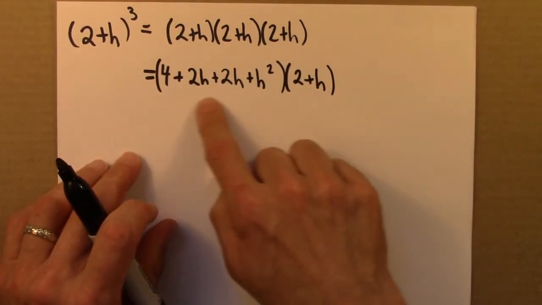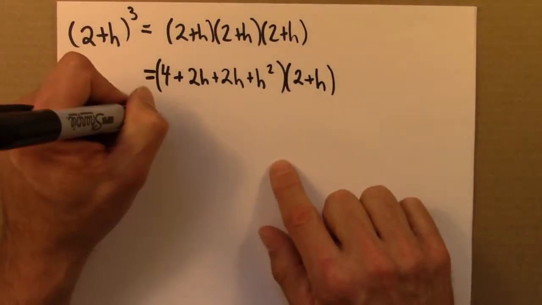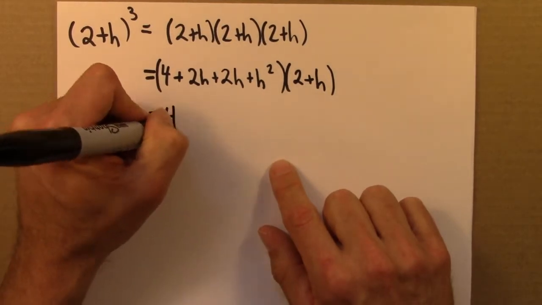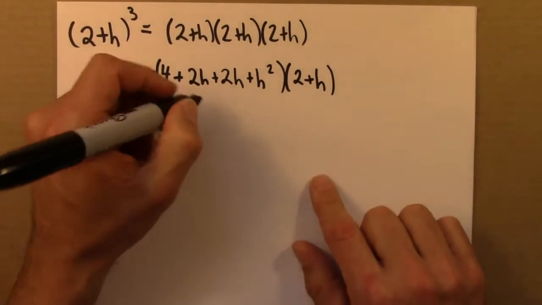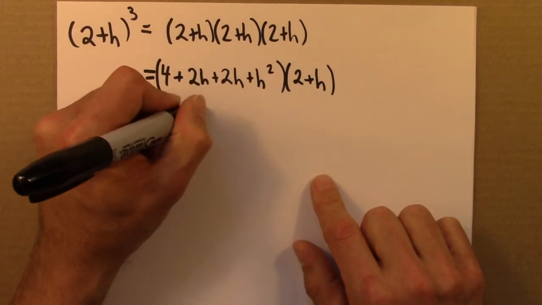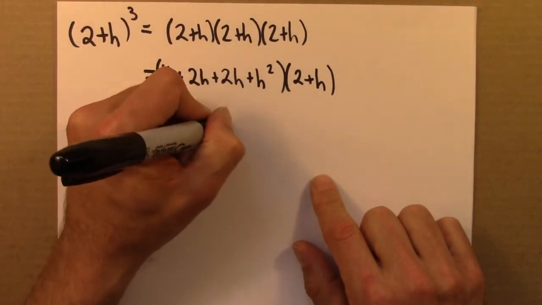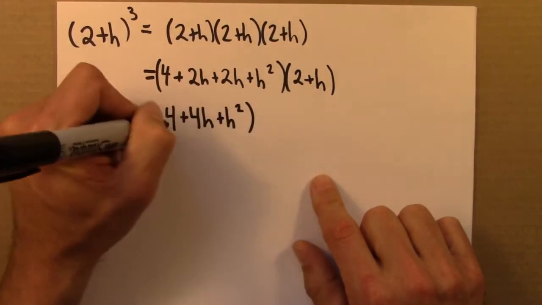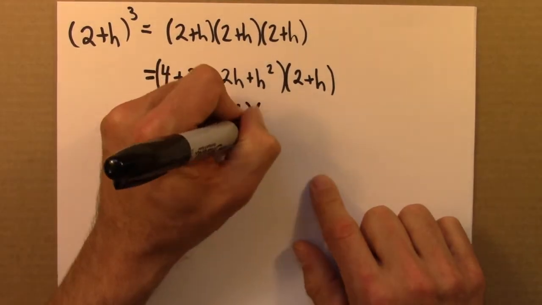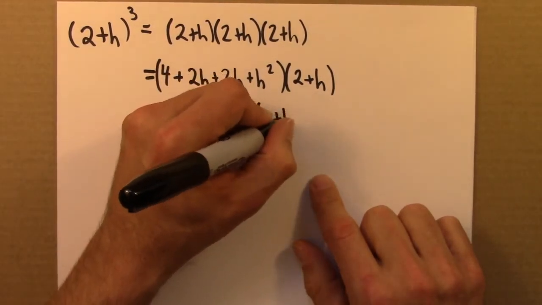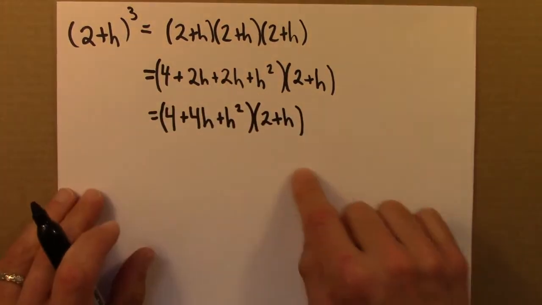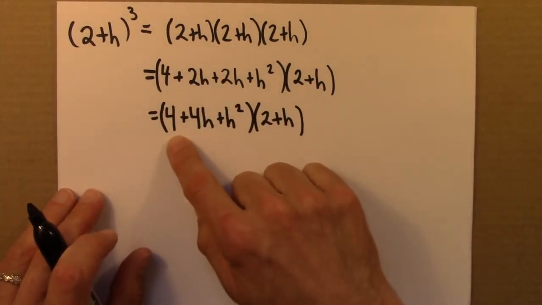So let me simplify this term in parentheses first. 2h plus 2h is just 4h. So we have one more bit of multiplication to do.